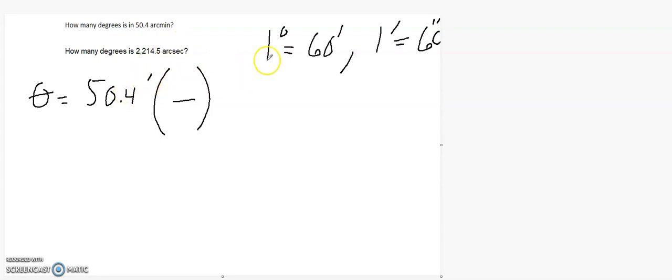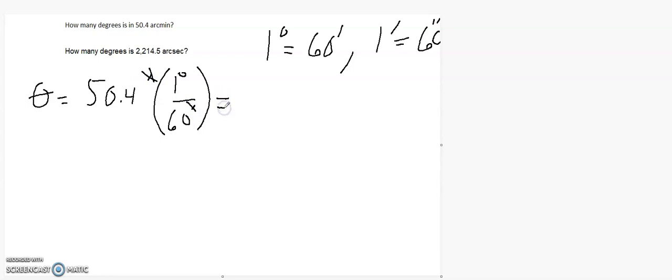I'm changing it to degrees, so the conversion I want is degrees to arc minutes. So 1 degree goes in the numerator, divided by 60 arc minutes, and the arc minutes cancel.